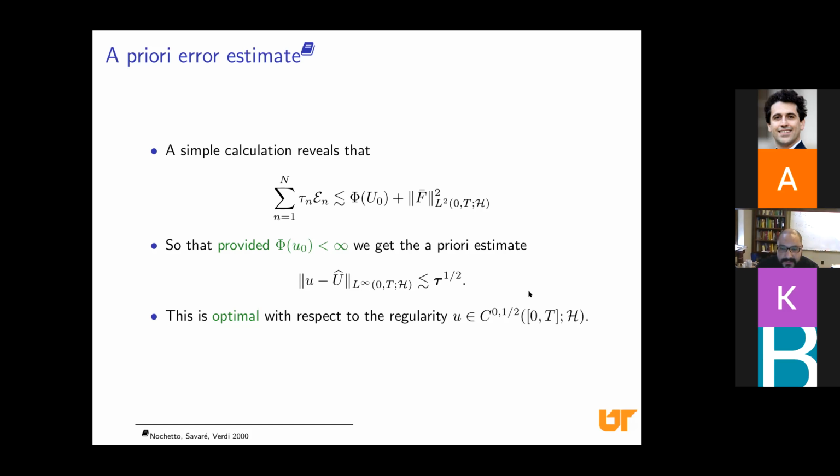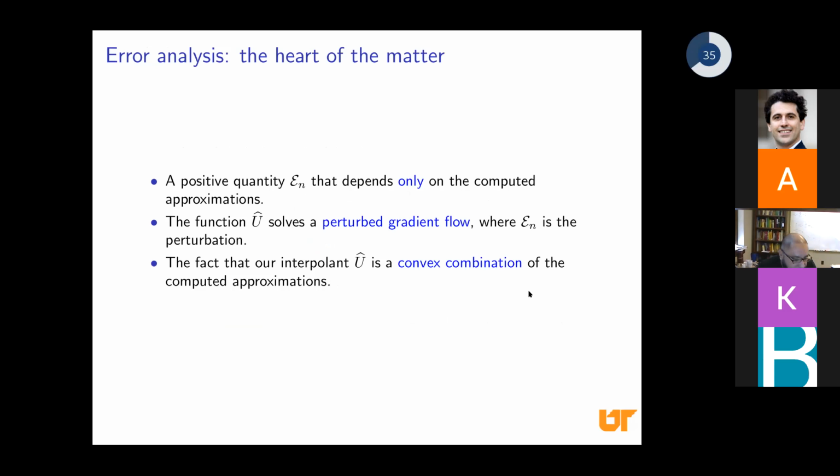Okay, so this is a very quick review of the error analysis for the classical case. And now, what are the essential points that we needed here? Well, we needed a positive quantity that depends only on the computed approximations. Those are your error estimators, if you will. Now, you needed to show that your interpolant solves a perturbed gradient flow.